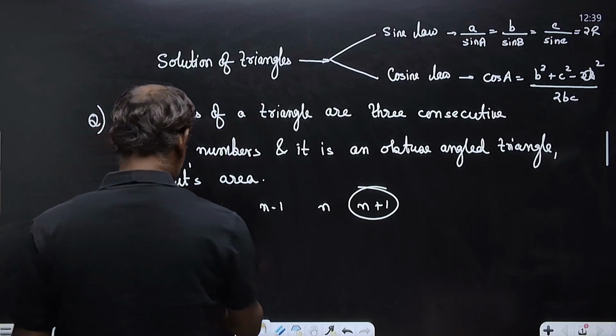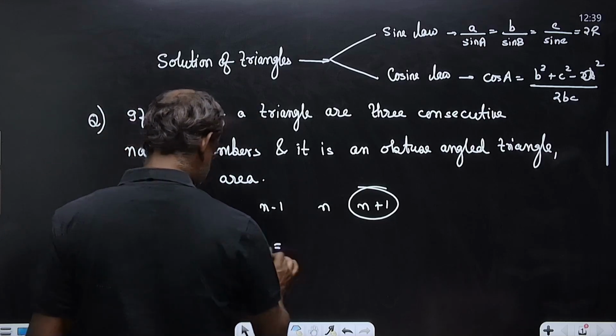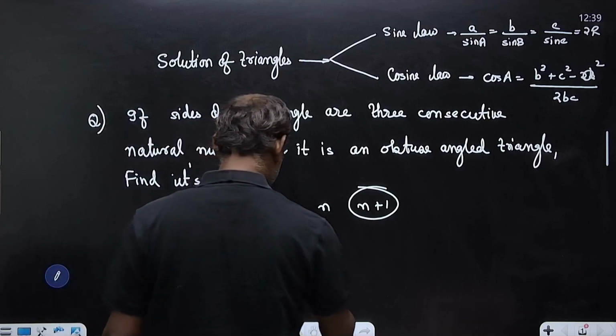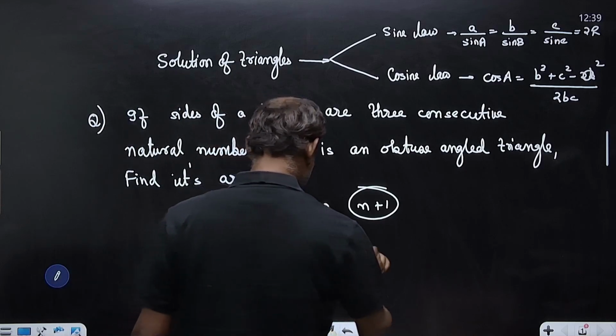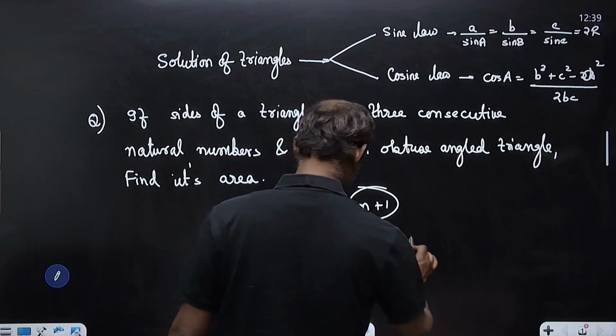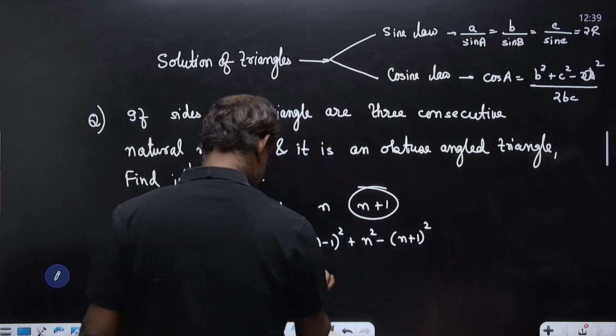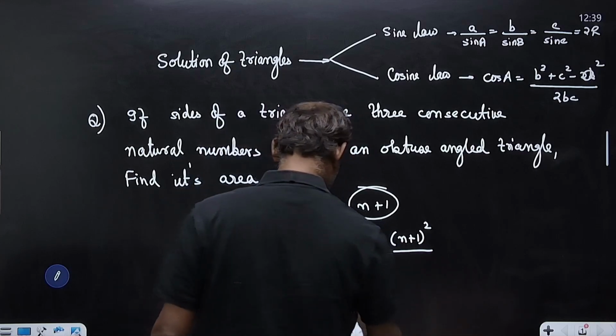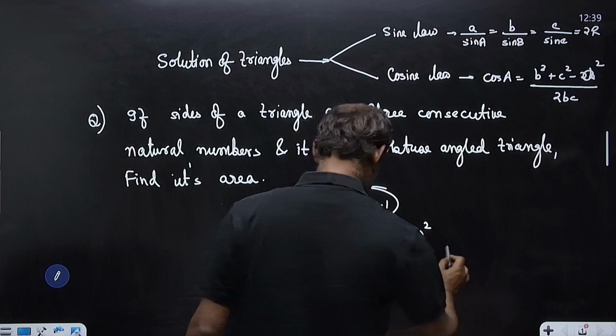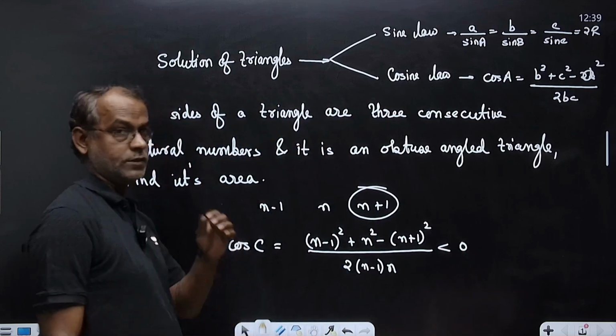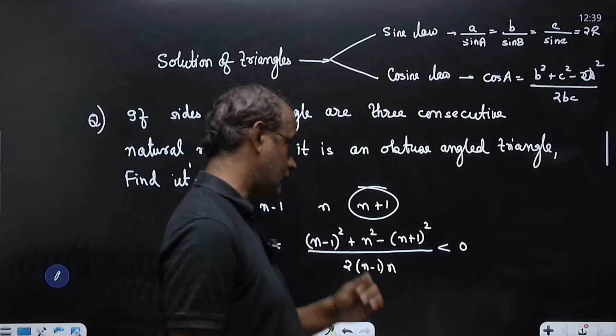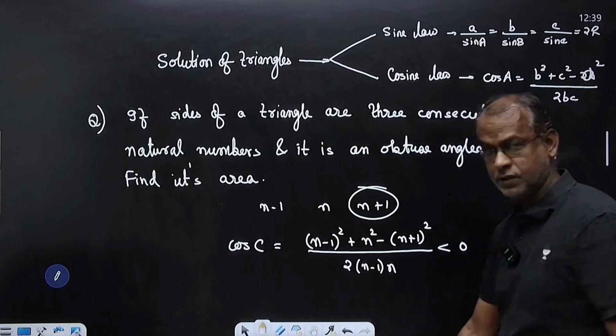So cos of the largest angle, say C, has to be less than 0. And this will now conclude the things.